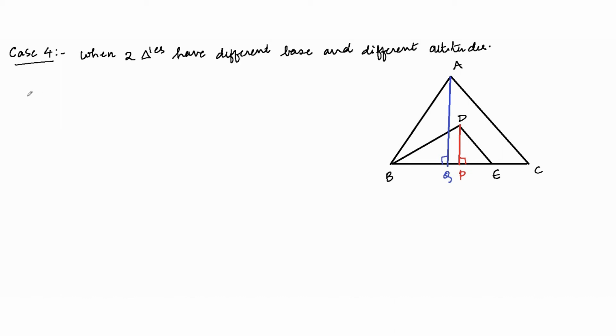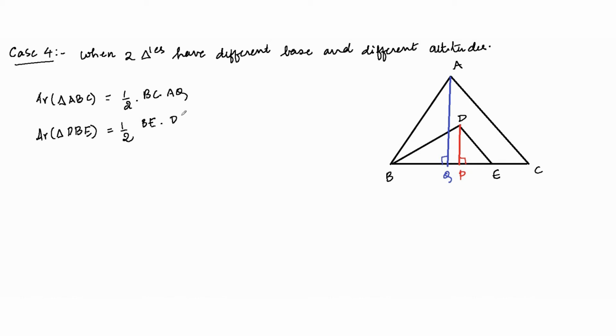So I can write the equation for the area of both the triangles. Both the triangles in this case have different base and different altitudes. So area of triangle ABC will be given by half into base BC multiplied by the altitude, which is AQ. Similarly, area of triangle DBE will be given by half into base BE multiplied by its altitude. What is the altitude?